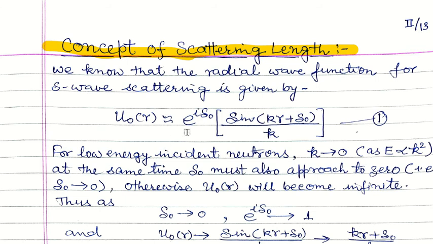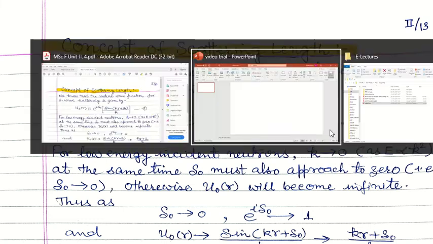We know that the radial wave function for S wave scattering is given by u_0(r) is roughly equal to e to the power iota delta_0 sin(kr plus delta_0) upon k. This is our equation number 1.